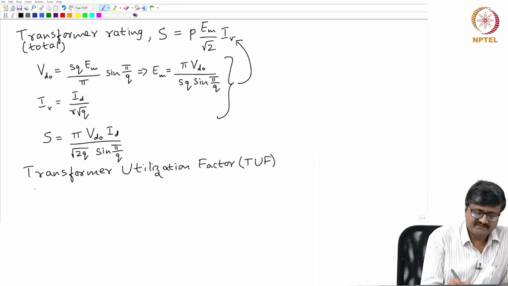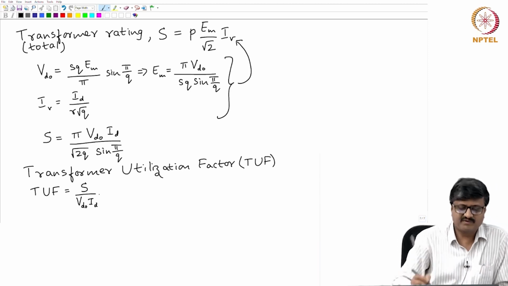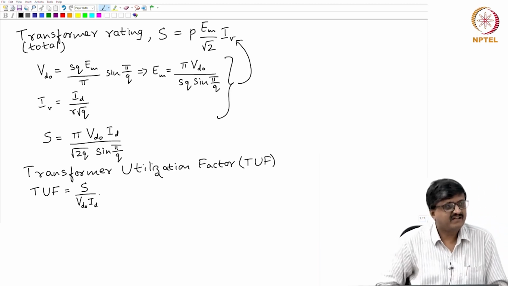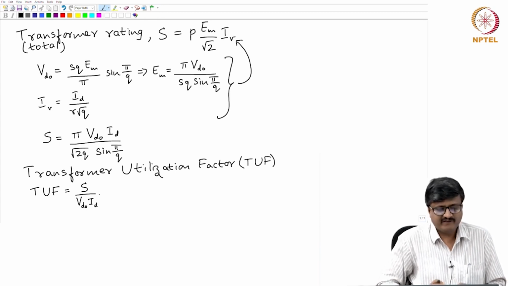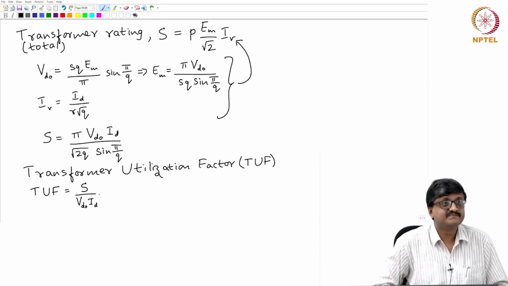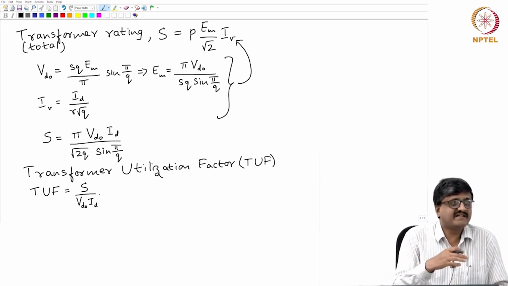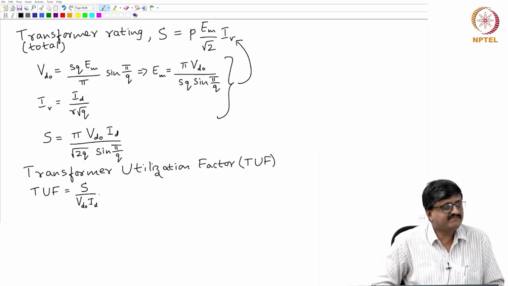The definition of TUF is the ratio of S to VDO ID. Now, we just know what S is. S is the transformer rating. What is VDO ID? Why have I taken the product VDO ID? It is the maximum power of the converter. If ID is constant, VDO corresponds to the maximum average DC voltage. So, the maximum power of the converter is coming in the denominator, VDO ID.